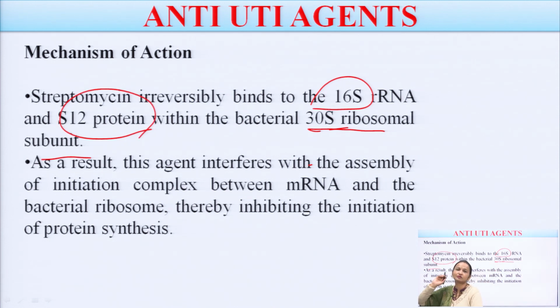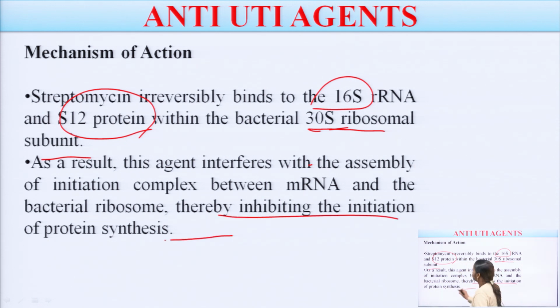This interferes with the assembly of the initiation complex between RNA and the bacterial ribosome, thereby inhibiting the initiation of protein synthesis, and if protein is not synthesized, bactericidal action will occur.